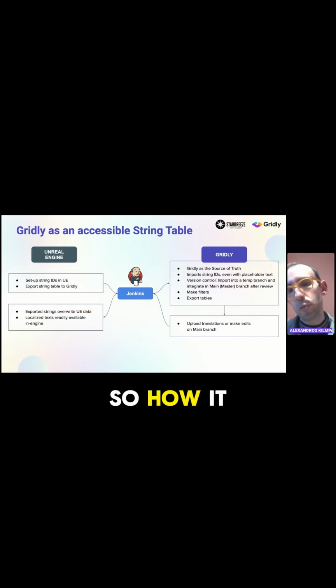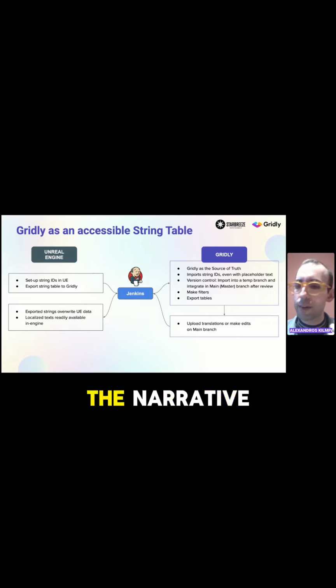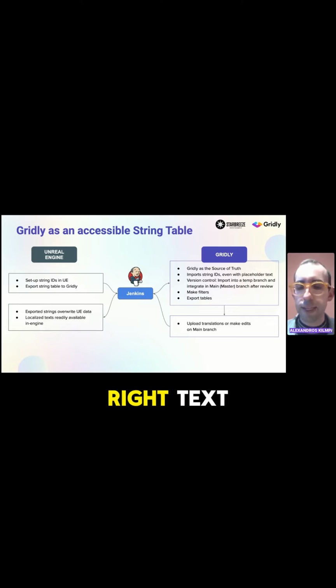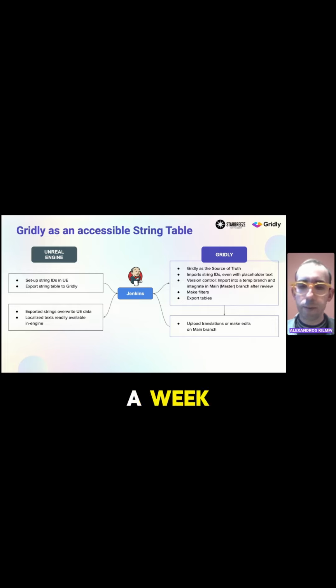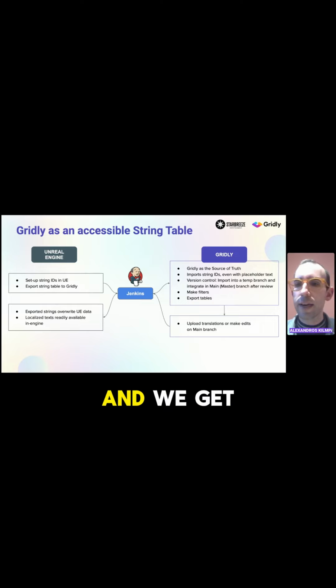So how it works for us on live, once we have identified the strings that we want to translate, and then the narrative designer has given a thumbs up that, yeah, this is the right text, we export the tables and we send it to our localization partners. They take usually a week, but that's also depending on how many strings we give them, and we get back the files from them.